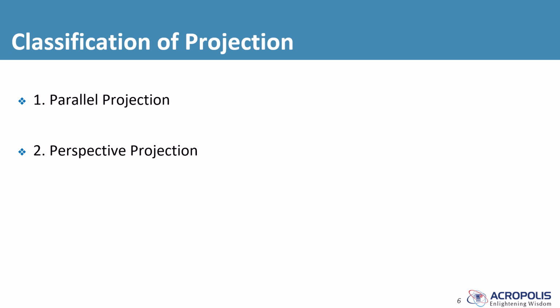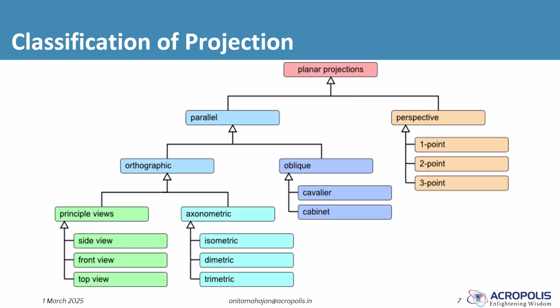Projection is broadly classified into two types, parallel projection and perspective projection. Here we have a broader view of how the classification of projection is done. Parallel projection includes orthographic and oblique.